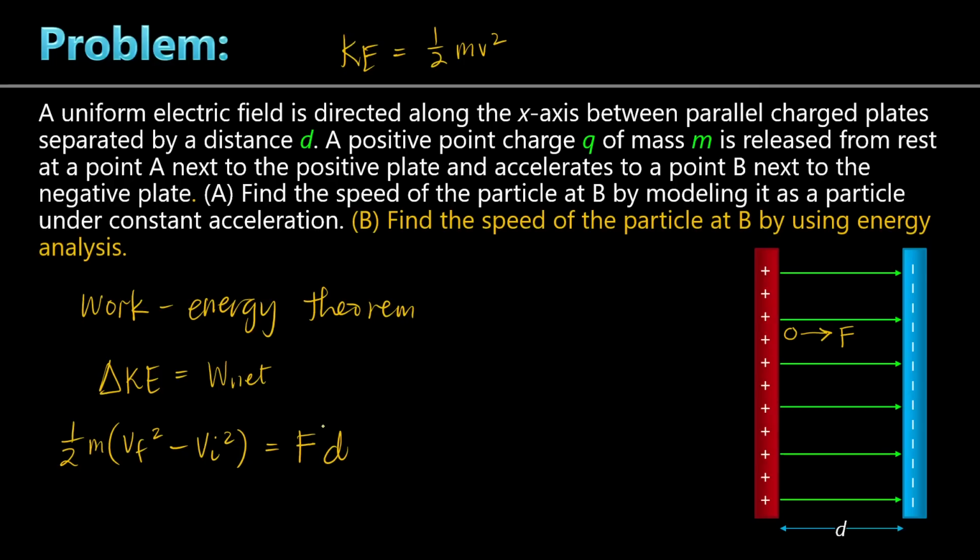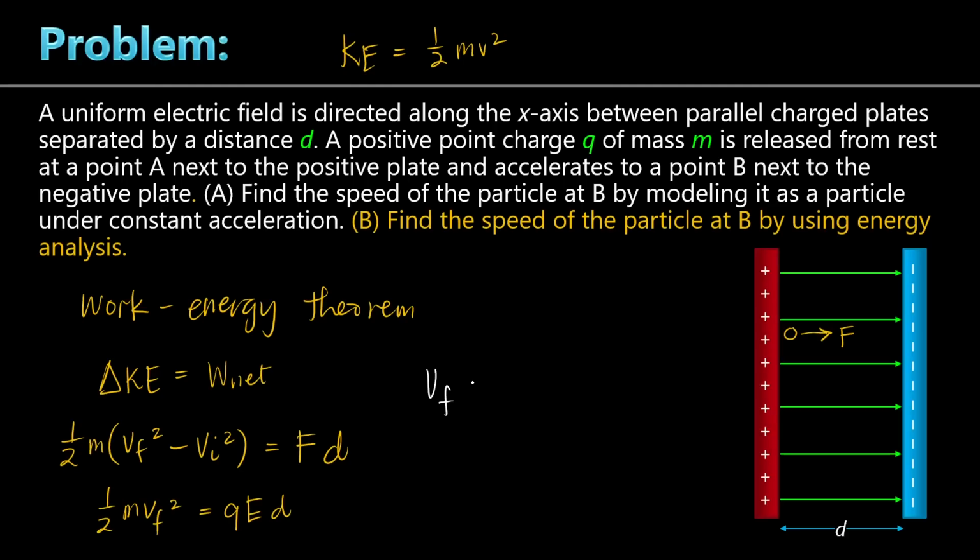So, knowing that initially the velocity of this particle is 0, meron na tayong formula na 1/2 m vf squared is equal to f times d. But we know that this f is equal to q times e. Kaya mula dito sa equation na ito, makukuha natin yung expression para sa final velocity.